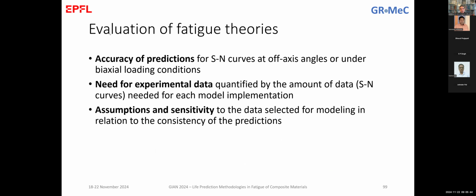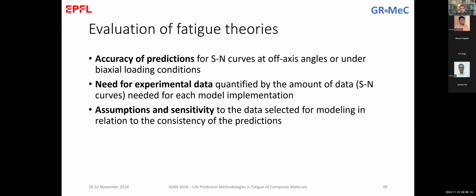So the evaluation of the fatigue theories can be performed by assuming various criteria, like the accuracy of the predictions for the SN curves at off-axis angles, or under biaxial loading, which we have already seen in the previous slides. The need for experimental data.